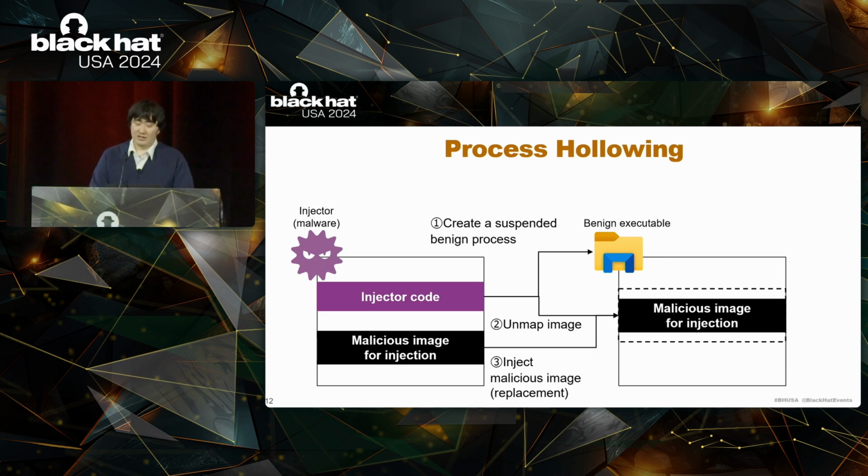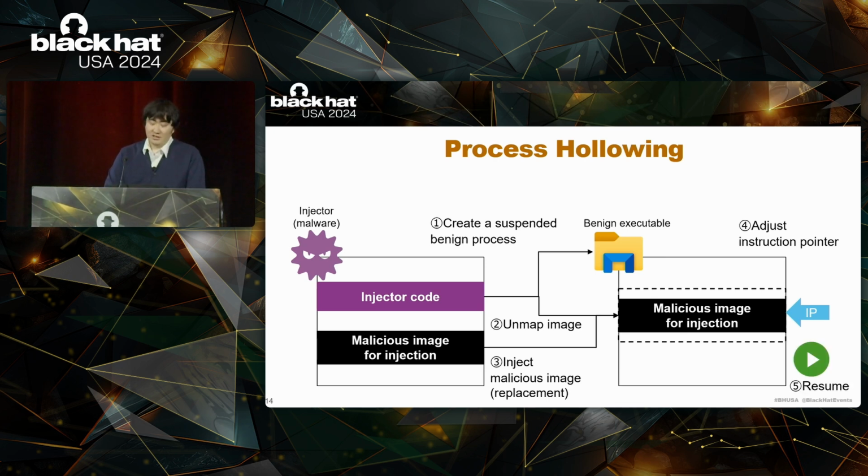After that, malware injects its malicious image as a replacement of the original image. Then, malware adjusts the instruction pointer of the process to the entry point of the malicious image. Finally, the process is resumed and starts executing the malicious image.